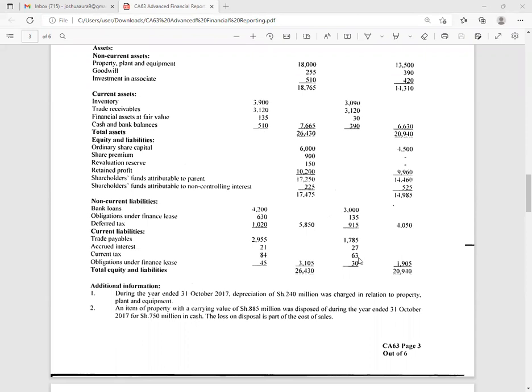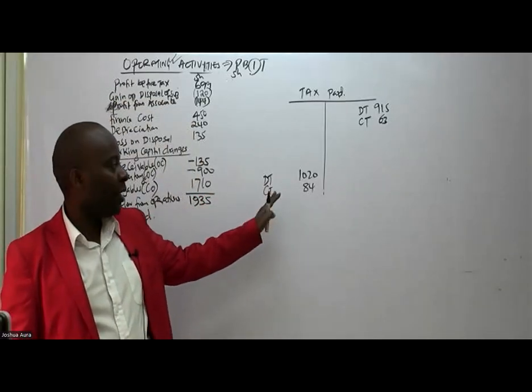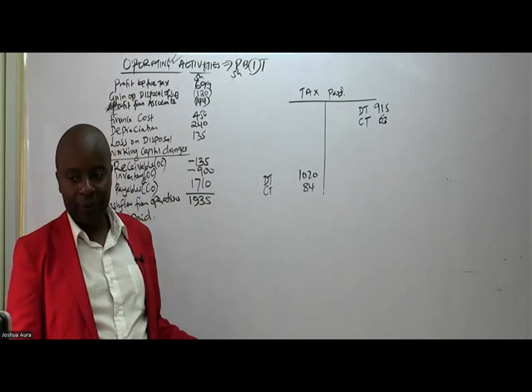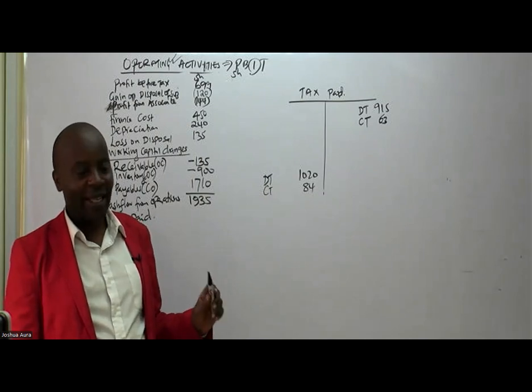First of all, I confirm with my friends whether these figures, the way I've taken them up, are okay. Just the figures. Deferred tax is PT, CT. Yes, thank you very much.